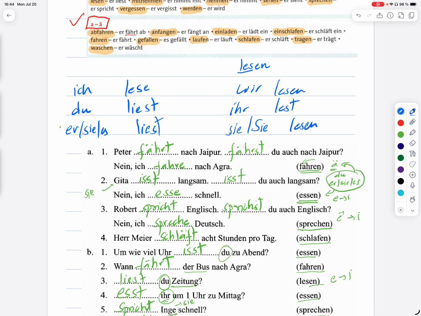So the end conjugations are the same as the normal ones: e, st, t, en, t, and en.